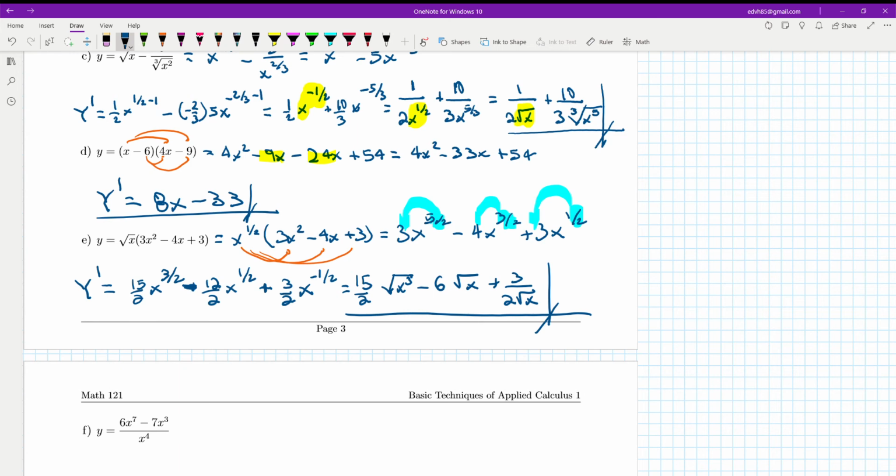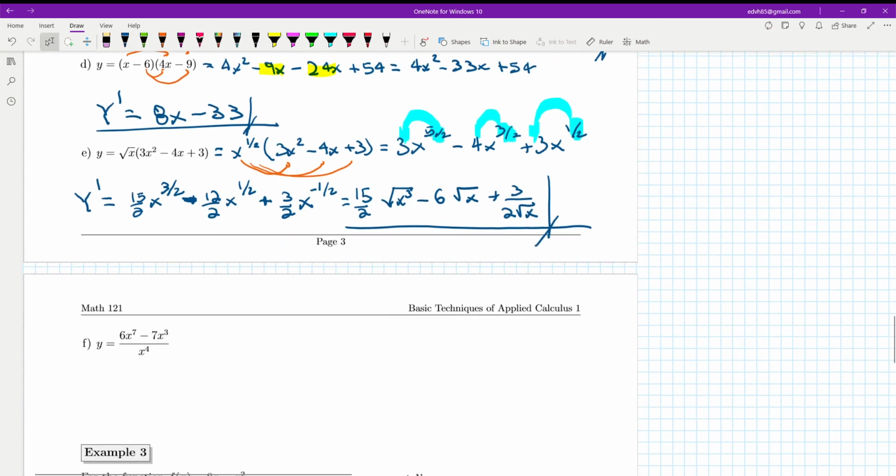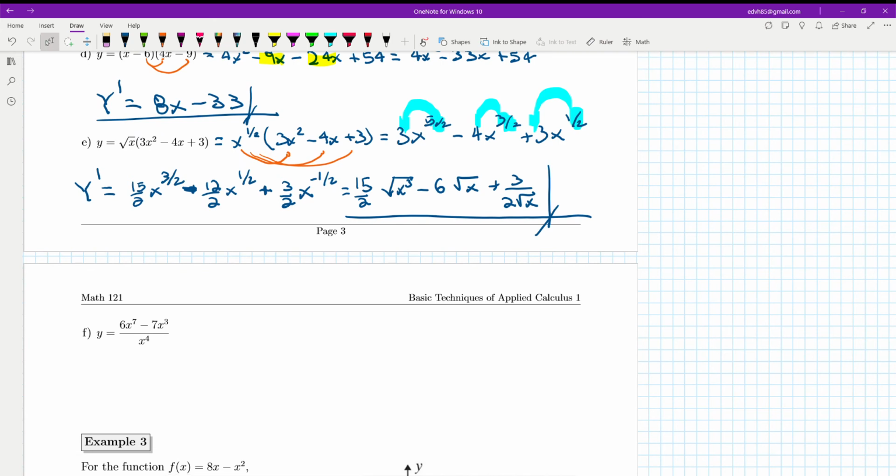Let's move on to the next example, letter F. For letter F, yes, we have a quotient of two functions. Later in the semester, we're going to learn how to work with the quotient rule to take derivatives. Even after knowing that, the quotient rule would be overkill, and it would be better to do what we are about to do.